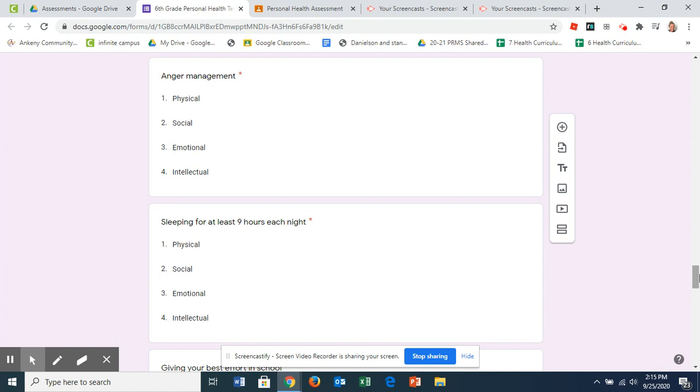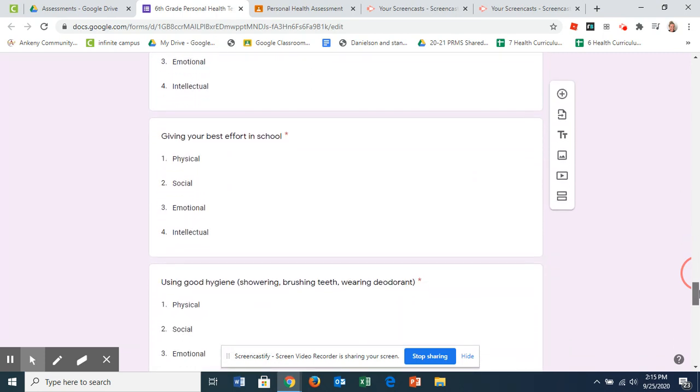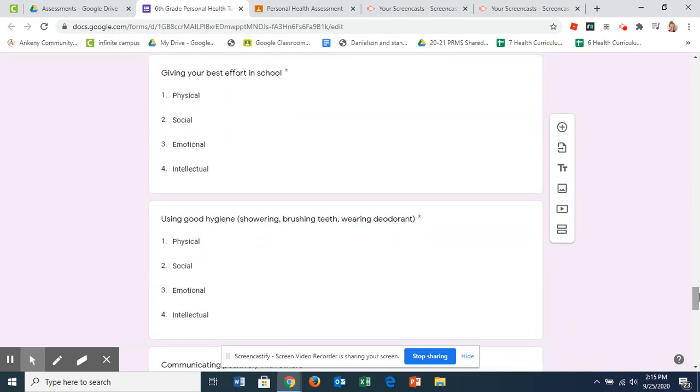Next descriptor, sleeping for at least 9 hours each night. Would that be physical, social, emotional, or intellectual? Next descriptor, giving your best effort in school.